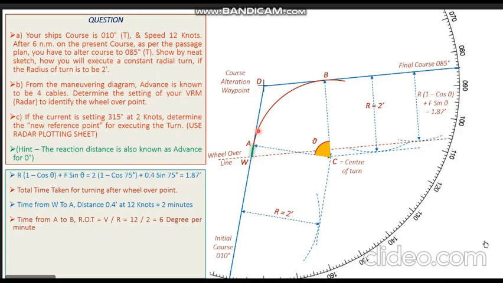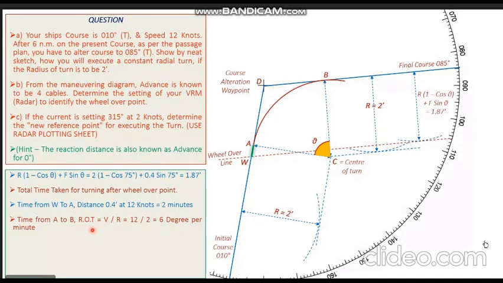Now from Alpha to Bravo. Going from Alpha to Bravo, we are making an alteration of 75 degrees. When we are going from Alpha to Bravo, the speed of the ship is 12 knots. It is given in the question. The ship speed is 12 knots and the radius of the turn is 2 nautical miles.